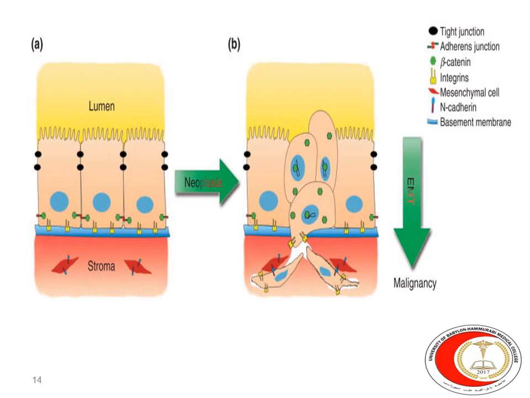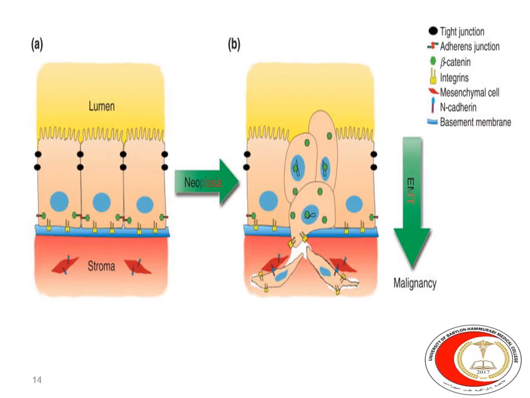As the primary tumor expands, the cells respond to the loss of E-cadherin and release of beta-catenin, undergoing epithelial mesenchymal transition that enables the redistribution of integrin.